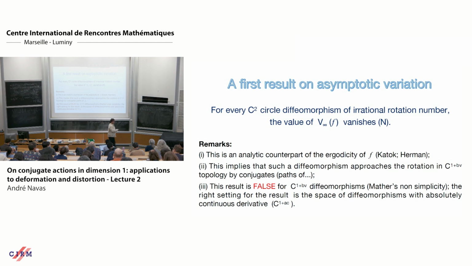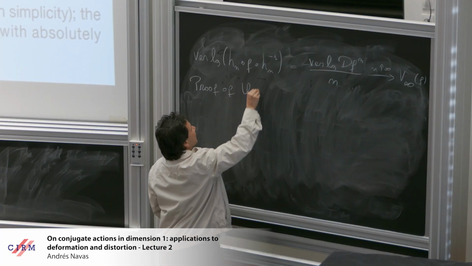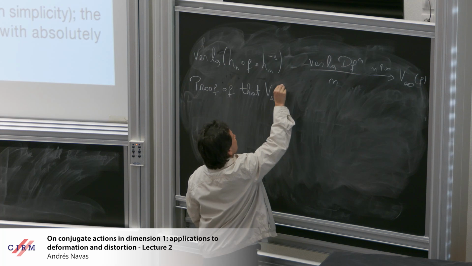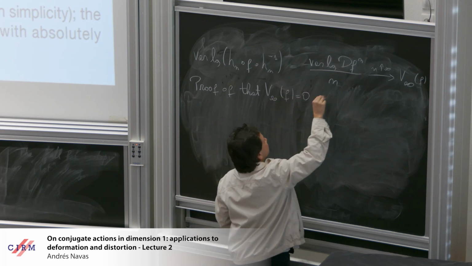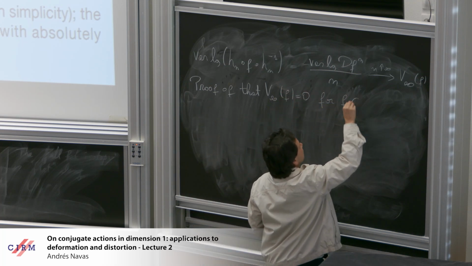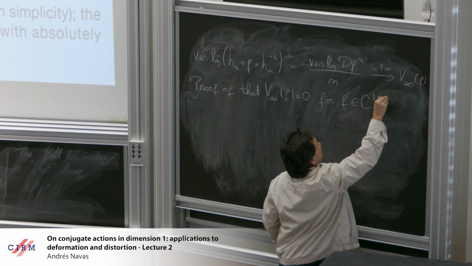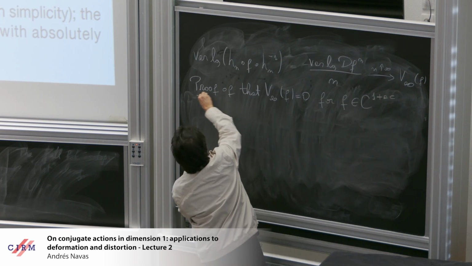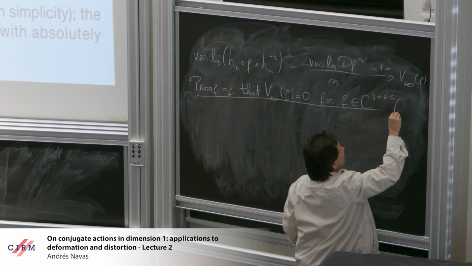I will give the proof of that. So proof of that the asymptotic variation vanishes for f in class C1 plus absolutely continuous, with irrational rotation number.